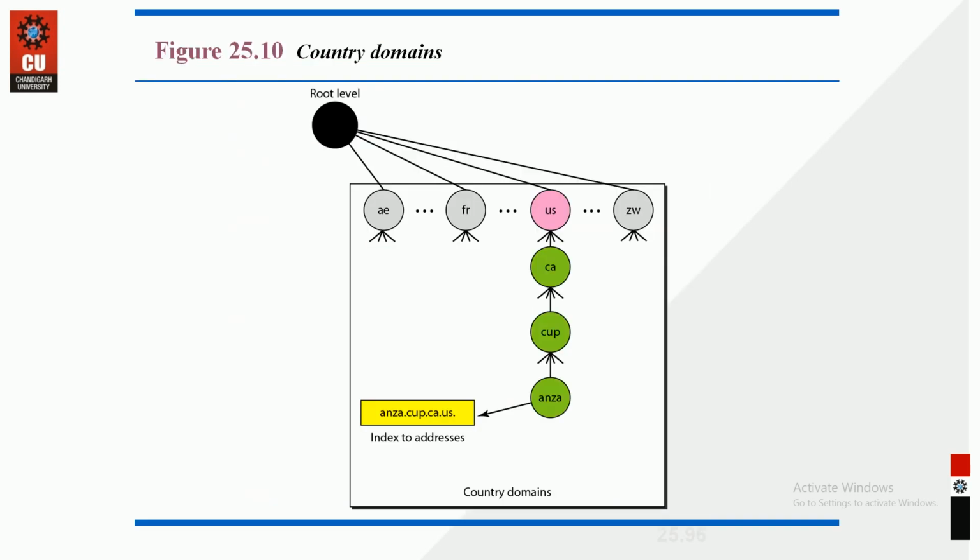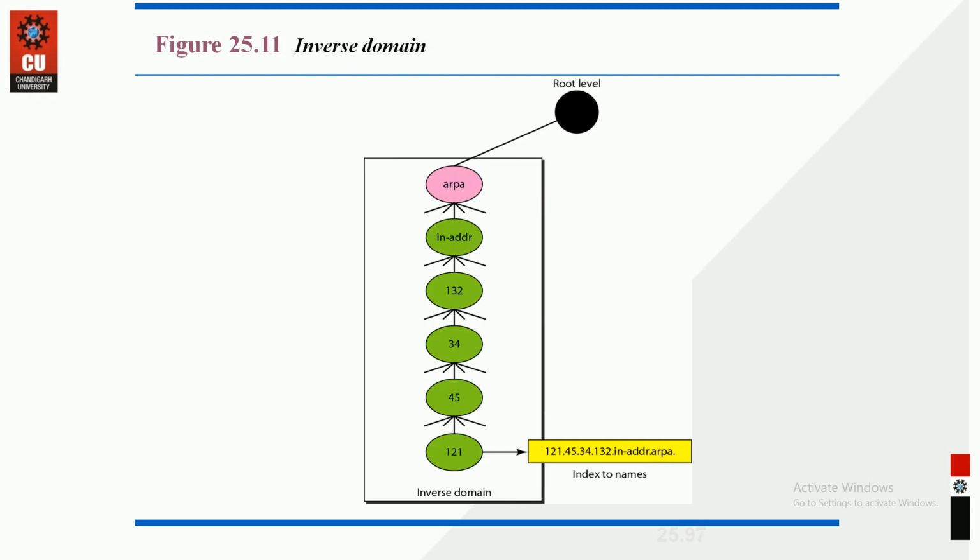Then we have the root level, then the country domains like FR, US, ZW, maybe for some other country, US for United States. This is how it works. You all are aware that .in is for India.